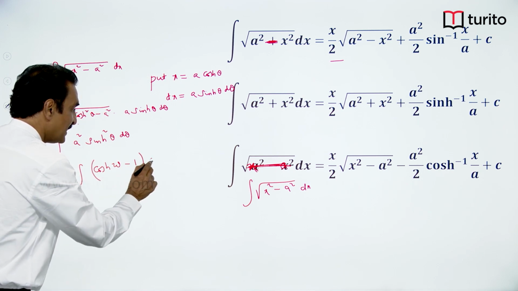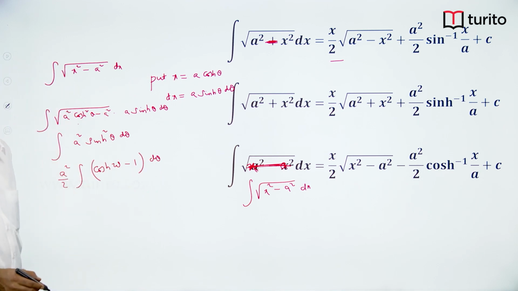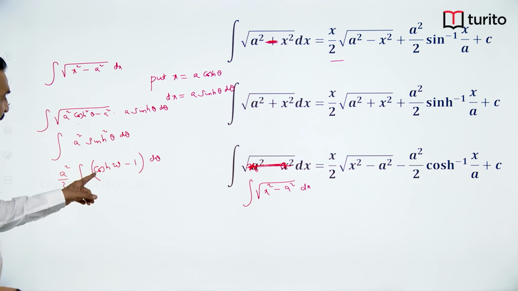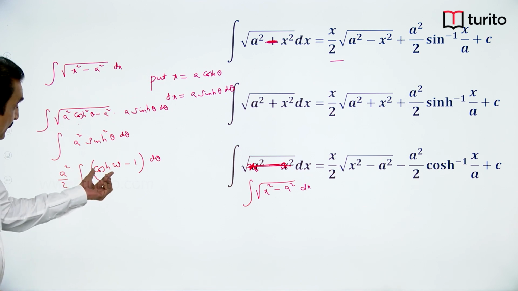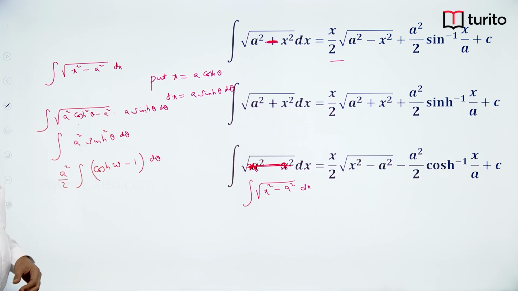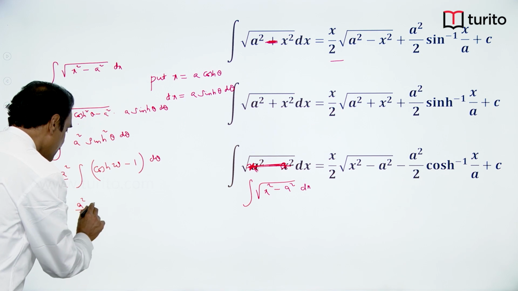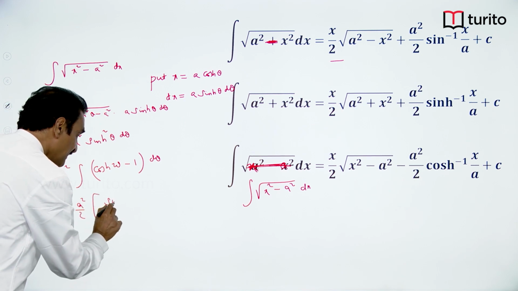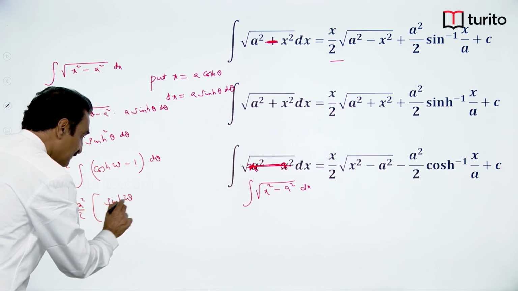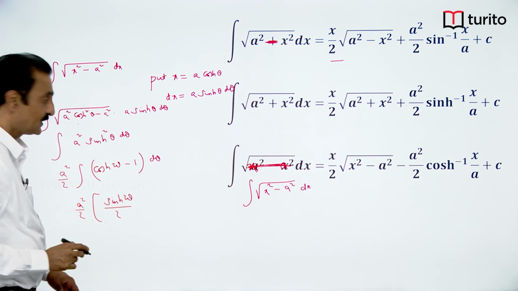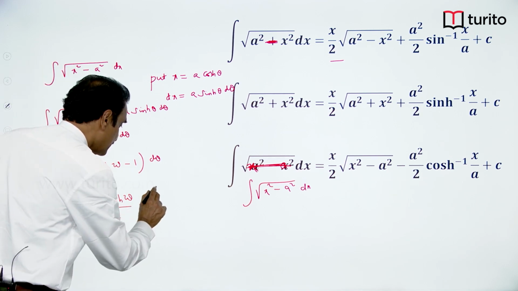It is a formula in hyperbolic functions. Okay. Now, what is the integral of cos h2 theta? It is sin h2 theta by 2 minus theta.